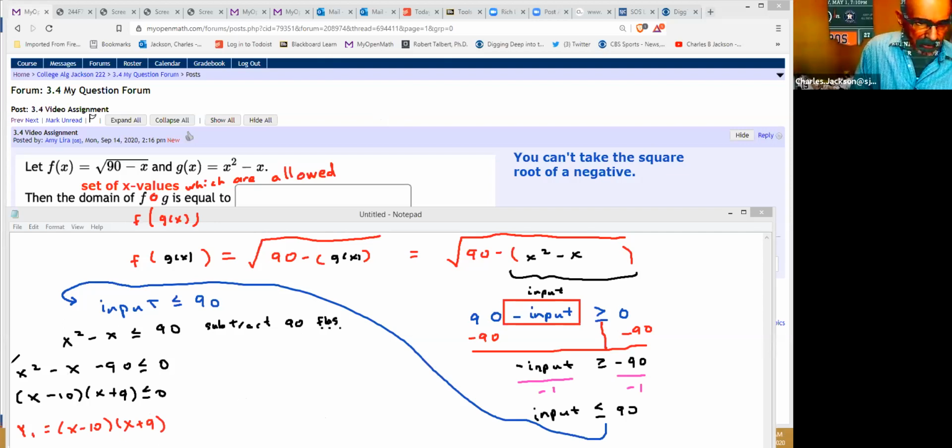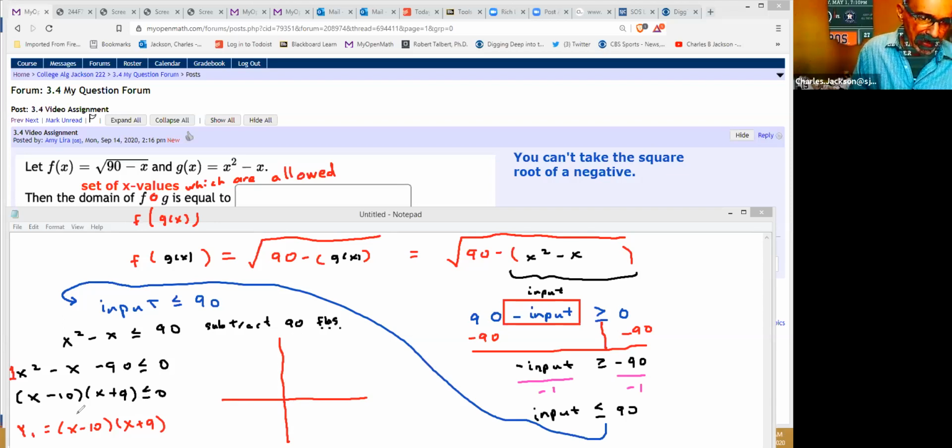Okay, that graph, well, let's see. We've got an upward opening parabola because of the positive lead coefficient. We have x-intercepts at, well, let's see, if you put a 10 right there, you zero out this factor. I'm just doing the graph. I could just put it in the calculator, but I'm just talking about the graph.